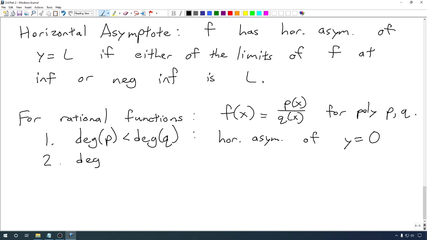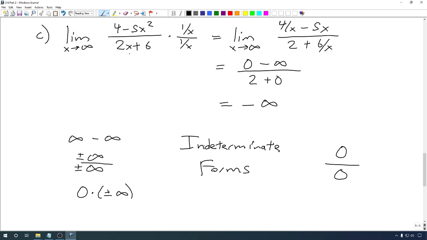If the degree of the top is actually bigger than the degree of the bottom, we're in a situation like part C. We divided by the degree of the bottom. Remember, the degree is the highest power. The degree here is actually 1 because the highest power of x is 1. But the point was, once we divided by that x, we didn't have enough to cancel out the x's on top from going to infinity or minus infinity.